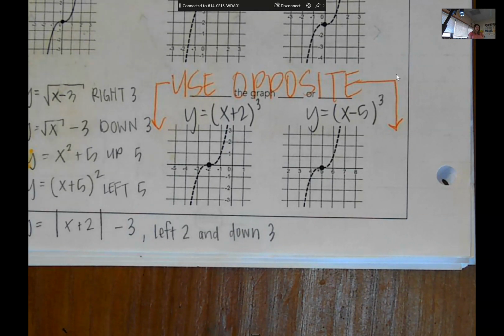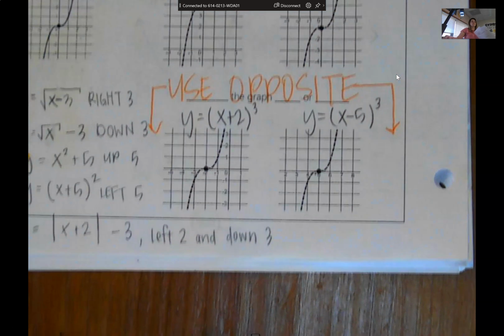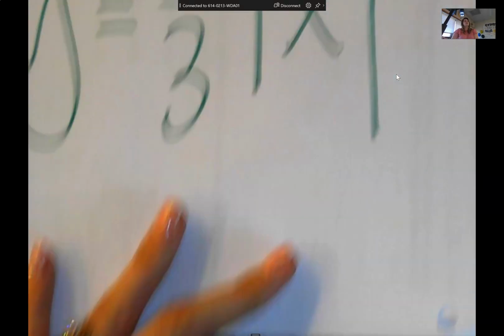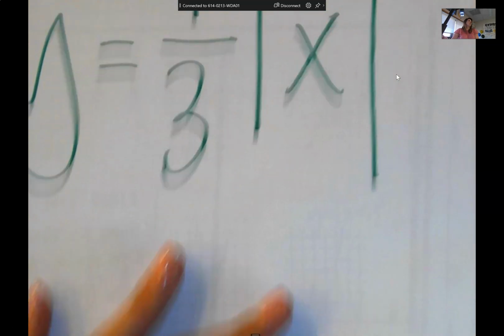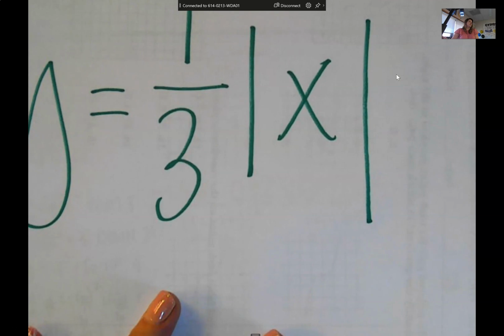Okay, for these first few, only one thing has been done. You tell me what's been done. So, on this first one, I'm just going to tell you. On your whiteboard, you would write shrink by 1/3.